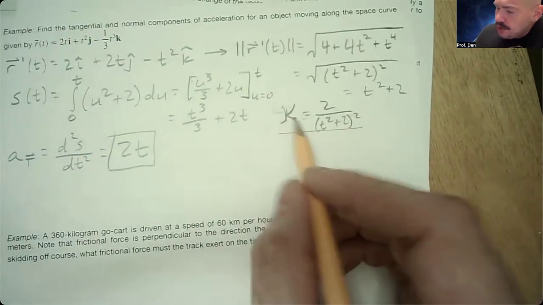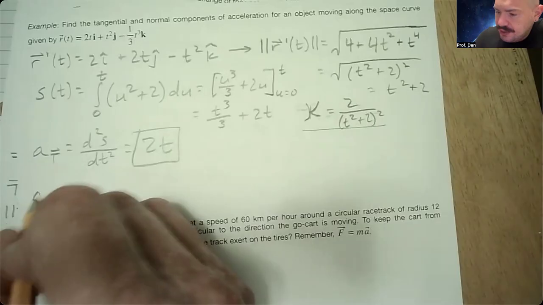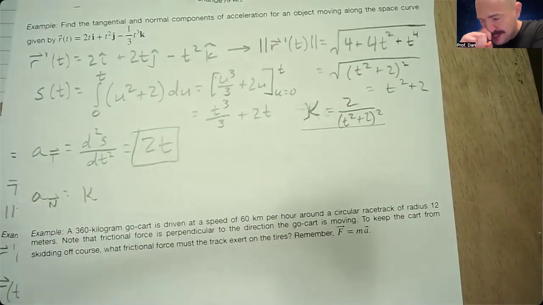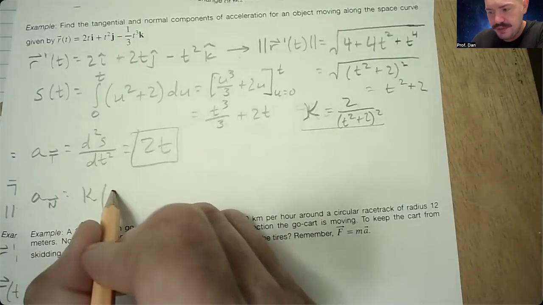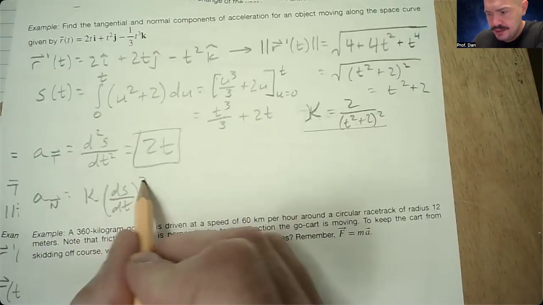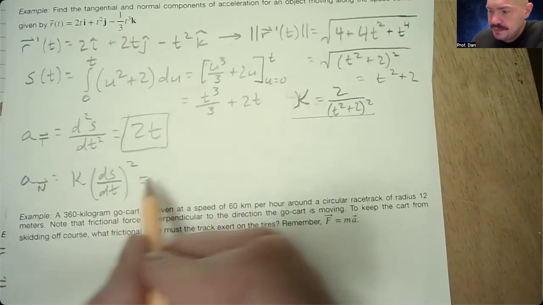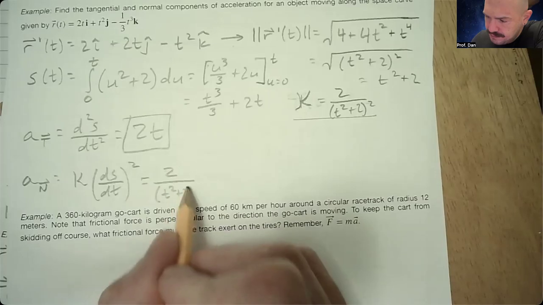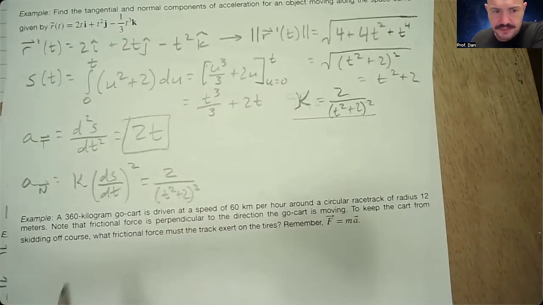So to find my normal component for the acceleration, I just need to take my curvature kappa and multiply it by the first derivative of my arc length, and that's squared. So kappa is given by that.